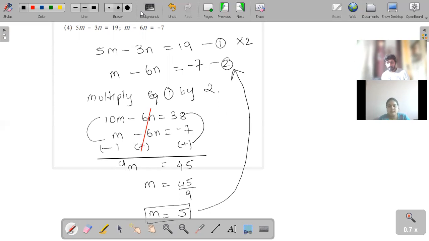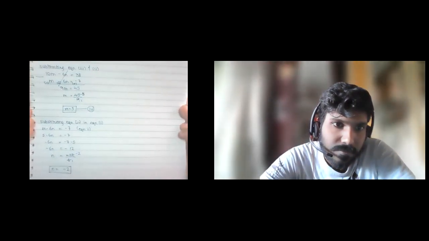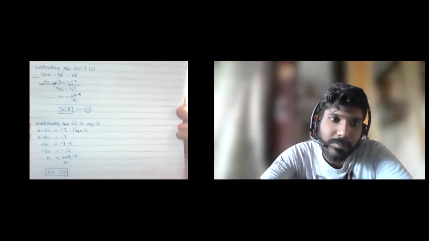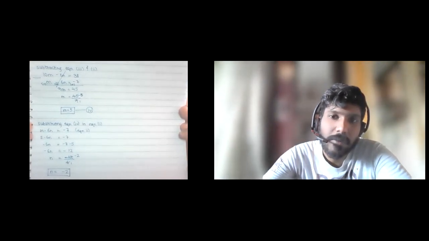n is equal to -2. Can you check your sign? 2 is correct, but okay, see, it is -6n equal to -12.